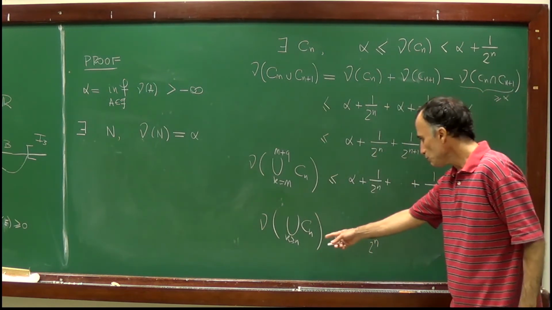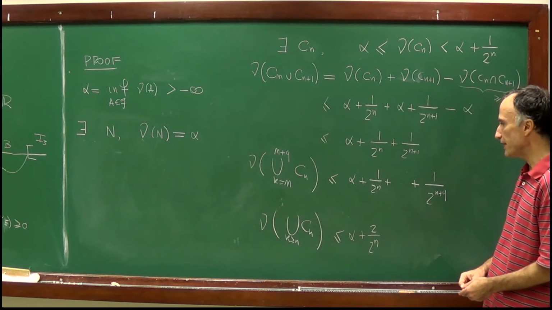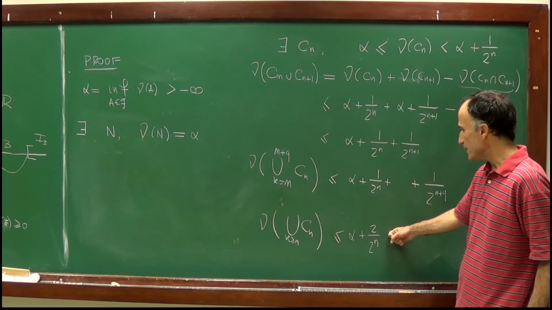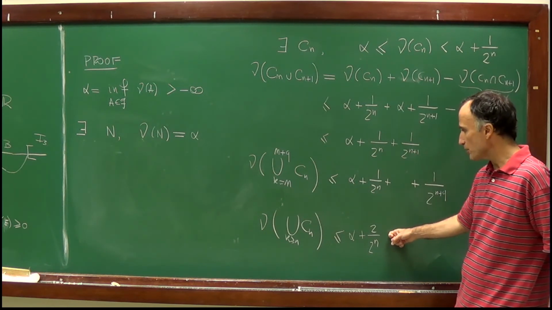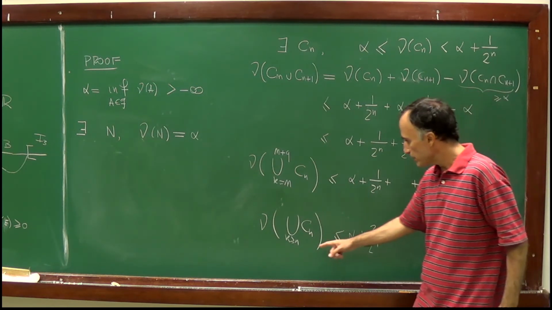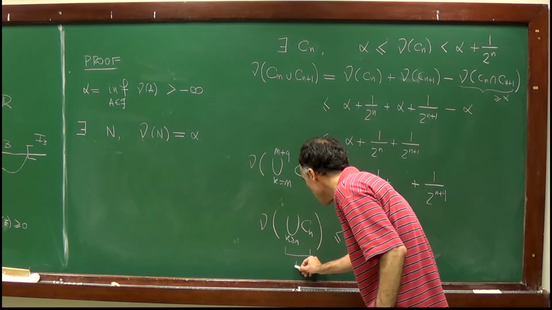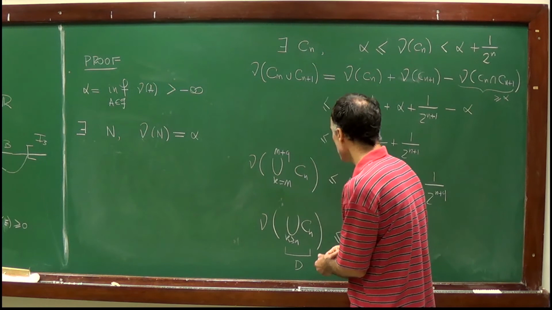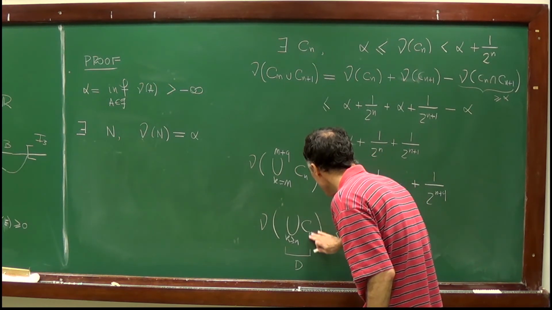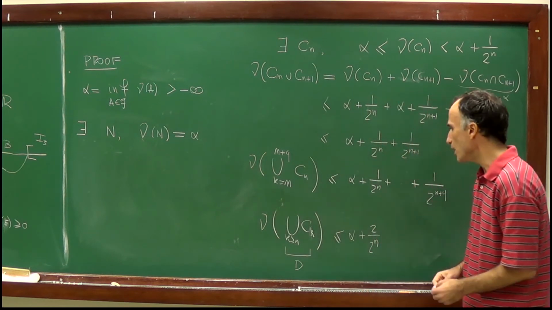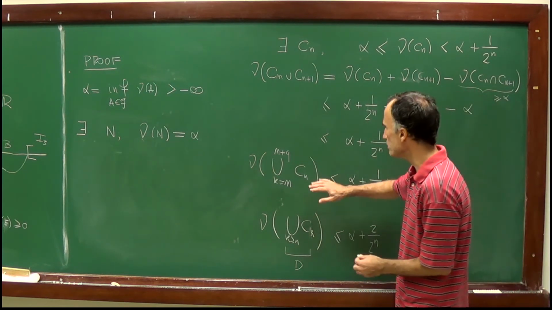So we obtained that this union of sets has a measure bounded by that expression, but observe that this set now is a new set, which I'm calling D. So here it's k, which is not well written, so let me write it more properly. So here's k, I'm sorry.